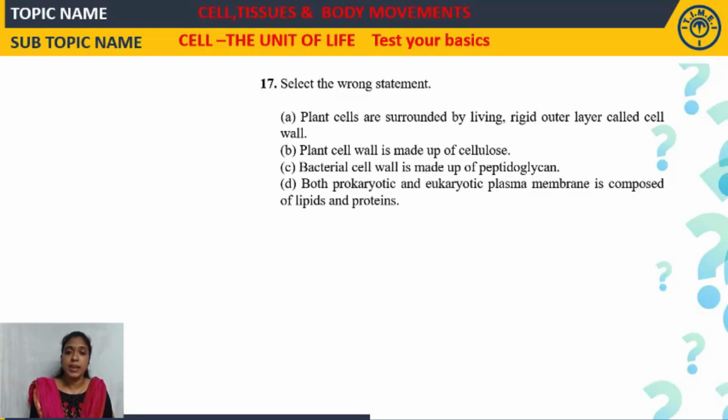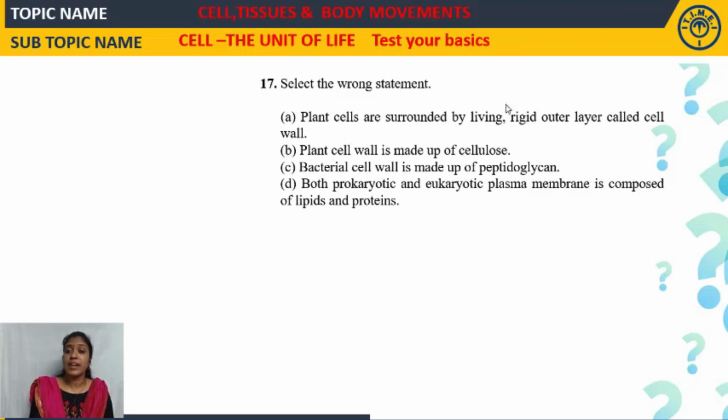A. Plant cells are surrounded by living, rigid outer layer called cell wall. Please read the sentence. This second part is correct. They are made up of rigid outer layer called cell wall, plant cells.